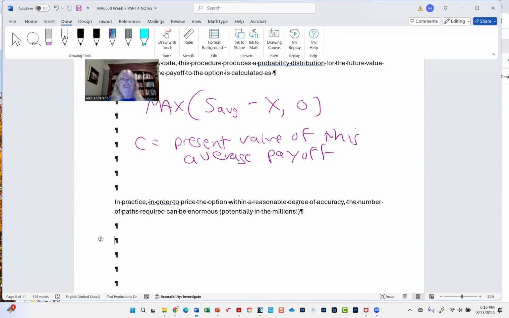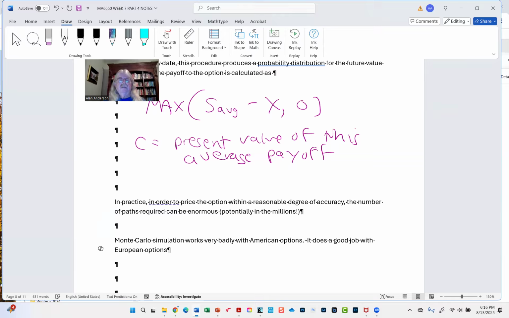You can see for this reason, well, for one thing, I forgot to mention this before: Monte Carlo simulation works very badly with American options. It does a good job with European options, but takes an extremely long time.